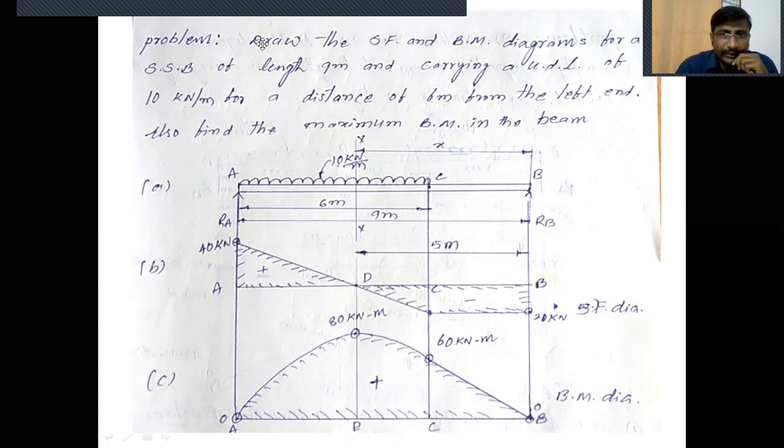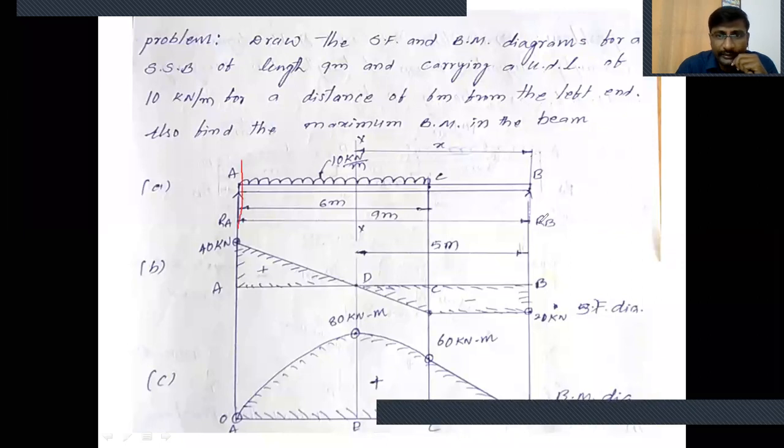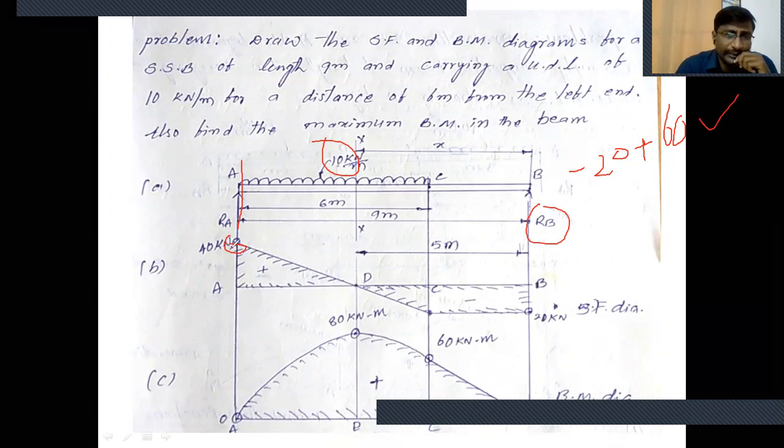If we take the XX section at point A, then all the forces on the right side are RB and the load of 60 kilonewtons. RB value is 20, minus 20 is in the upward direction and 60 is in the downward direction. So plus 60, then we get the 40 kilonewtons shear force at point A. Shear force at point A is 40 kilonewtons. It is positive, so you have to locate the shear force above the baseline.